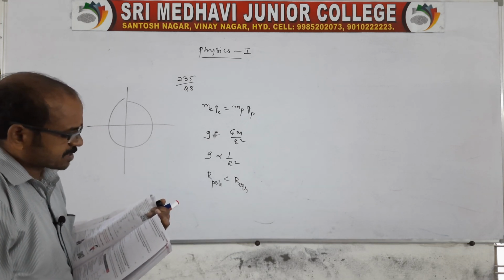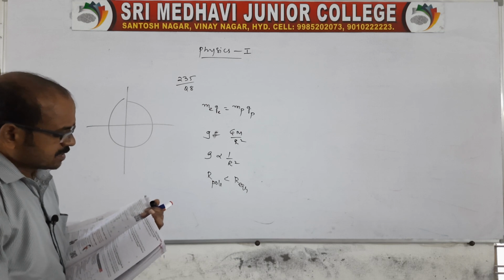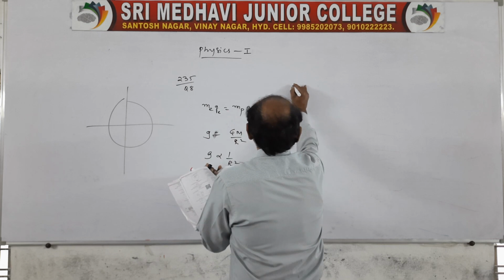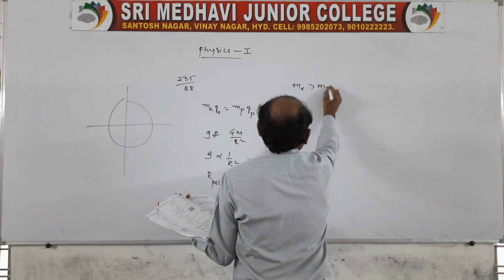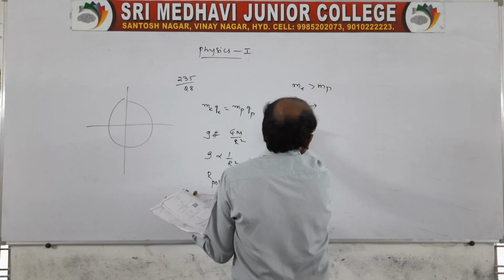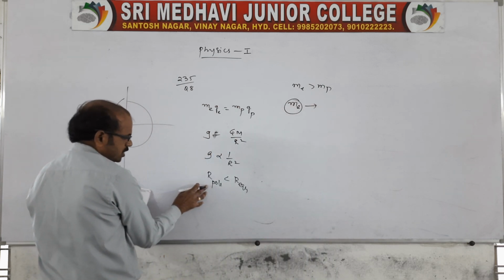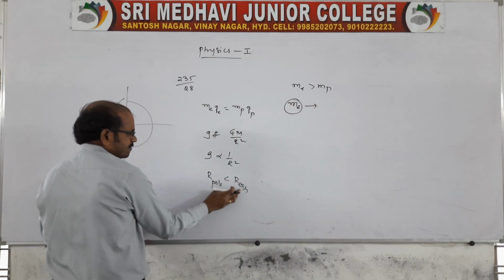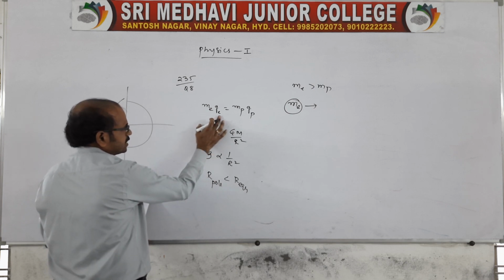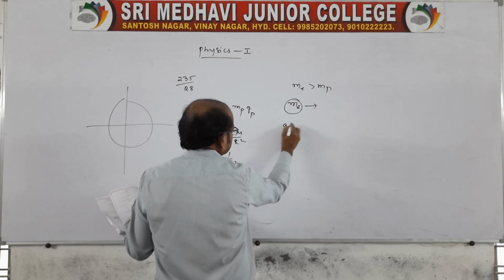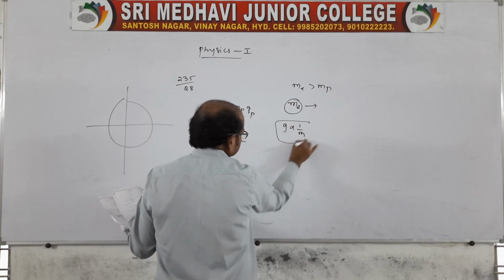Therefore, from this expression, what happens? You see the masses: more sugar is obtained at the equator, because M equator is greater than M pole. Therefore, we will get more sugar at the equator, because the pole radius is less than this one. Here look at M: g is inversely proportional to mass.